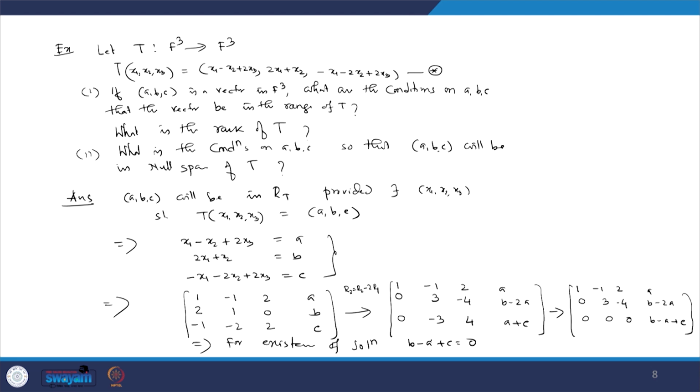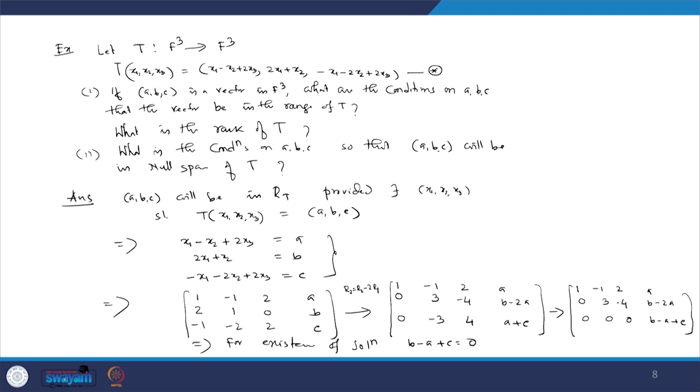Although I have not made this matrix a row reduced echelon form, I can immediately see the first and second rows are linearly independent, so I need not proceed further to find the rank of the given matrix.